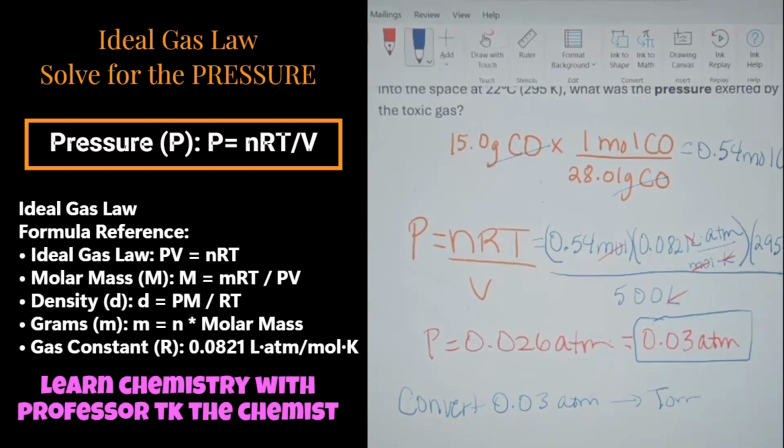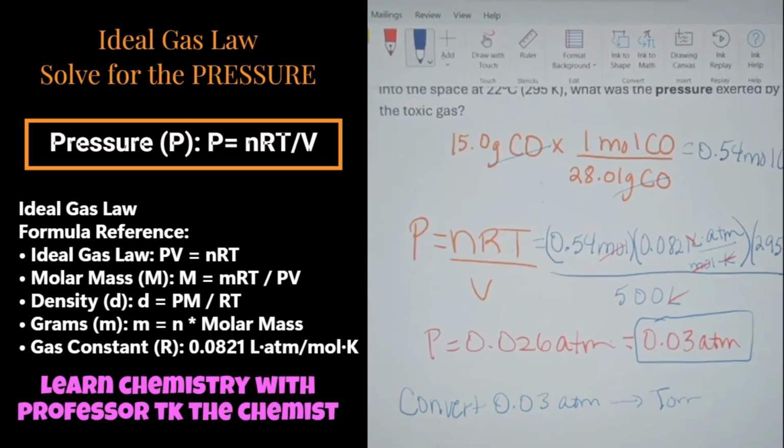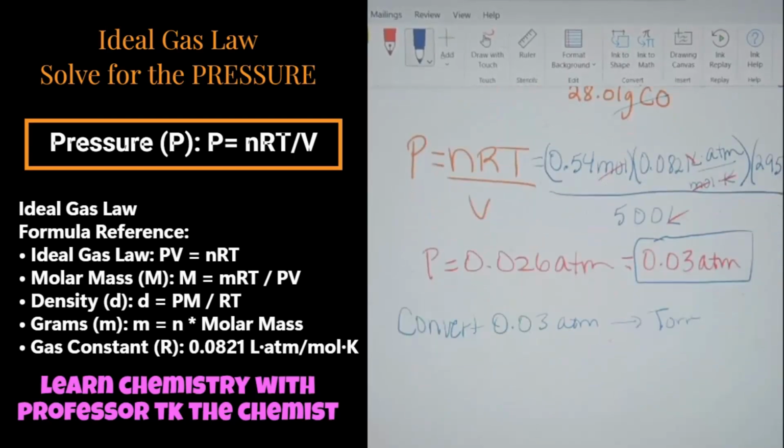So I know from what we did yesterday, even though this problem did not ask us to do that, I am just challenging you guys to expect this to be the case for your professors. 0.03 ATM, converting that to a Torr.